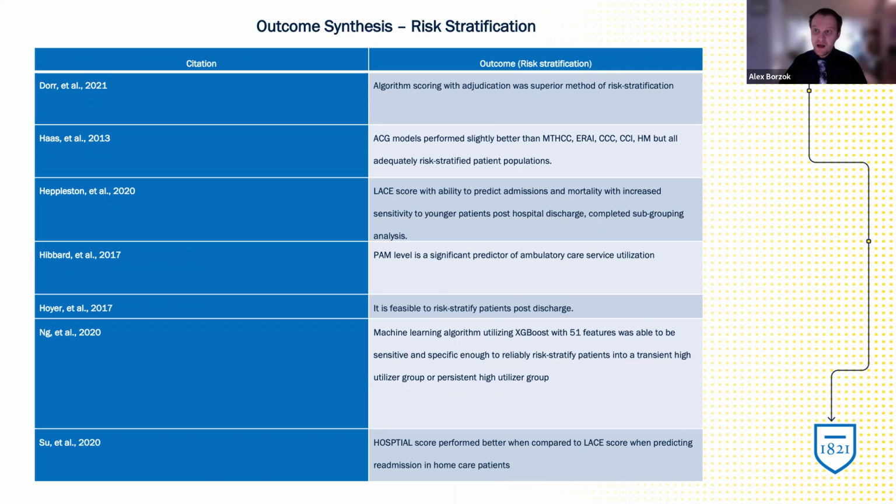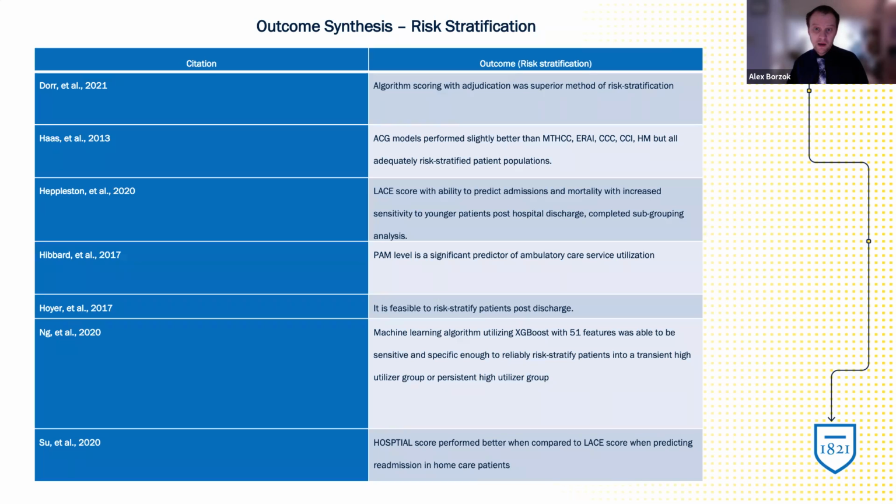The result in the literature that was reviewed was pretty much unanimous: if you can get risk stratification and identification of your patients right, everything else follows through, and you're going to have a very effective program at reducing readmissions, and also a very effective program regarding the cost benefit side of things as well.